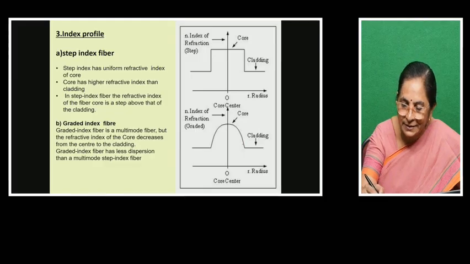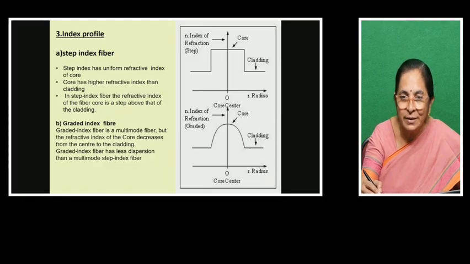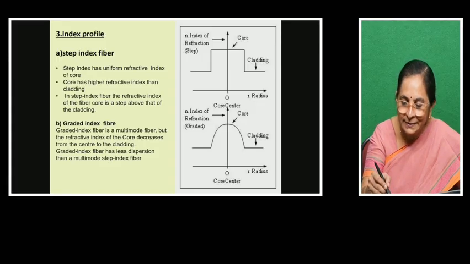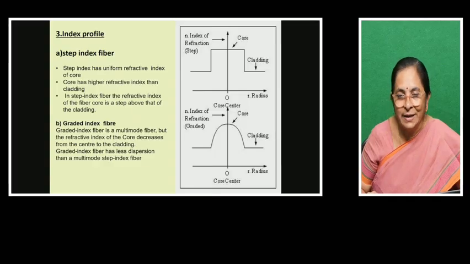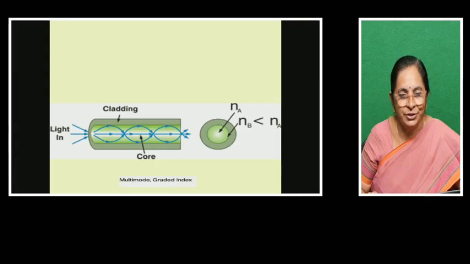So it decreases from the center to the cladding. By designing the core with different refractive index over the distance from the center to the cladding, that type of designing will eliminate the dispersion and make it suitable for many applications.